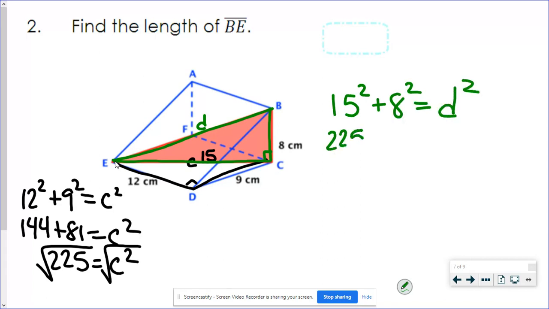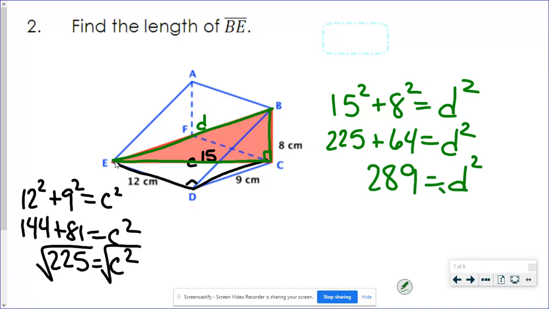So 225 plus 64 is 289. We've seen this number before, and actually this is part of a Pythagorean triple. The square root of 289 is 17. So that means that this diagonal would be 17 going through the entire shape. 17 centimeters.